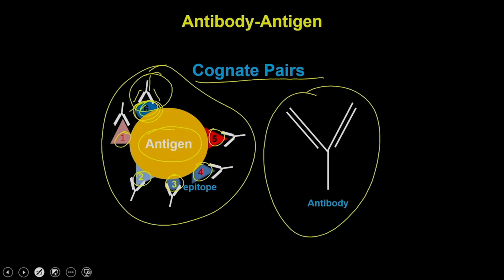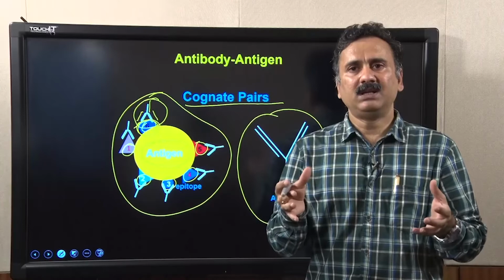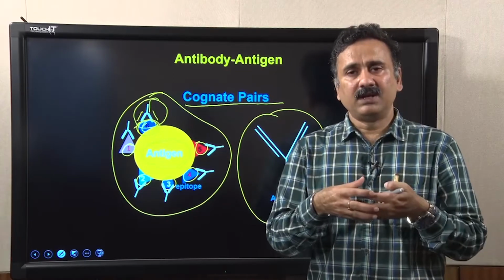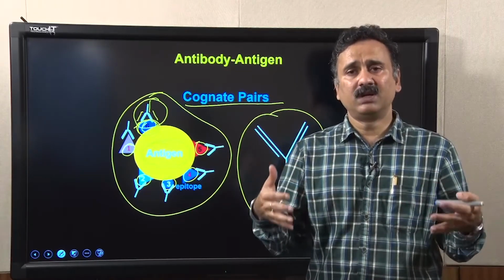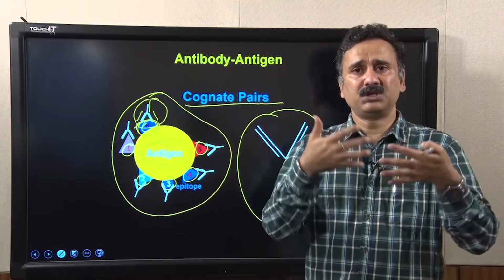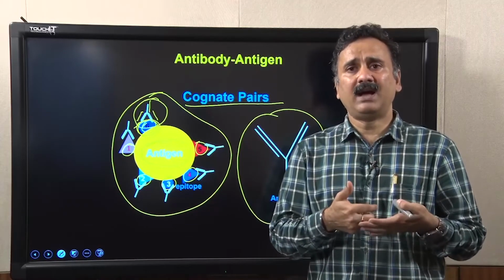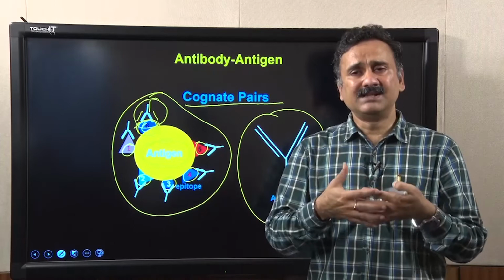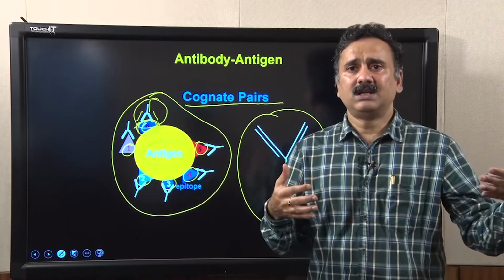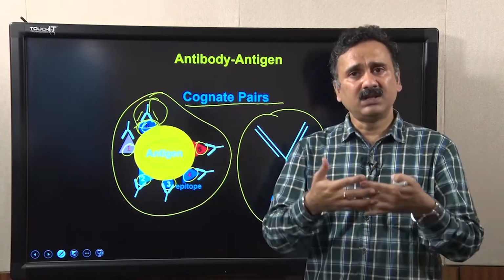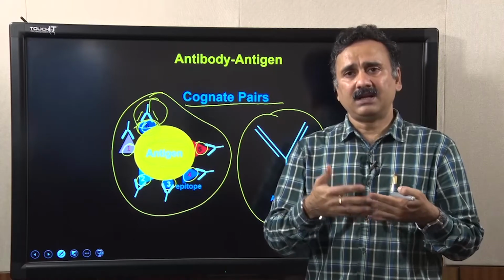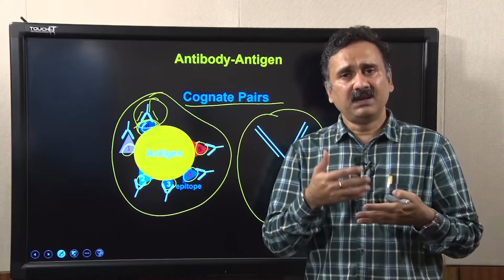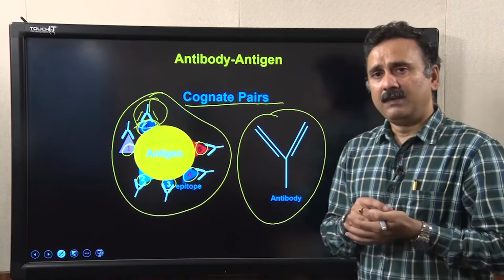So, why do the antigen and antibodies form the cognate pair? Because they work on exclusive recognition principles, where you have exclusive determinants which allow the antigen and the antibodies to interact with each other, and that interaction is very specific and exclusive.